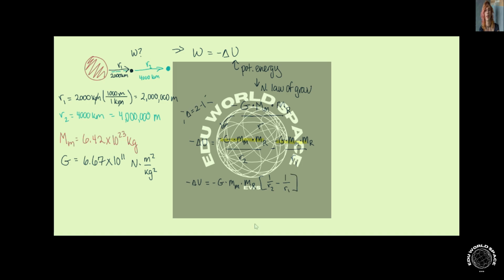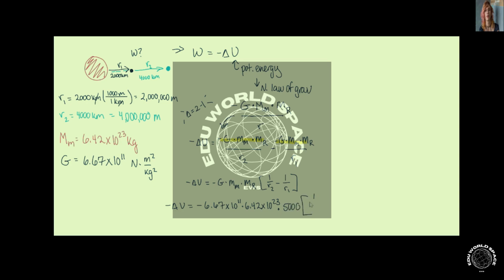Now we got a little bit lucky here because when we write this out, we're going to end up having negative delta U equal to negative 6.67 times 10 to the 11th times 6.42 times 10 to the 23rd times 5,000.